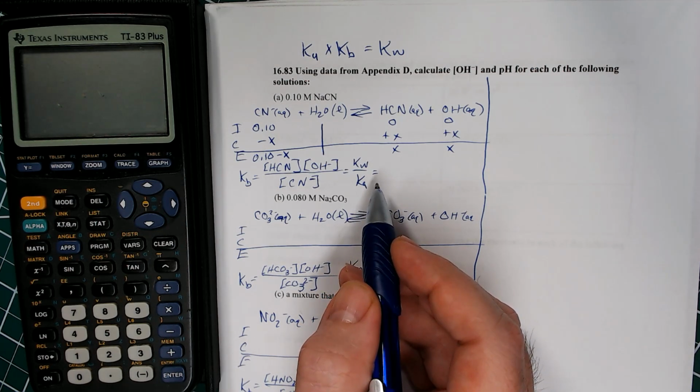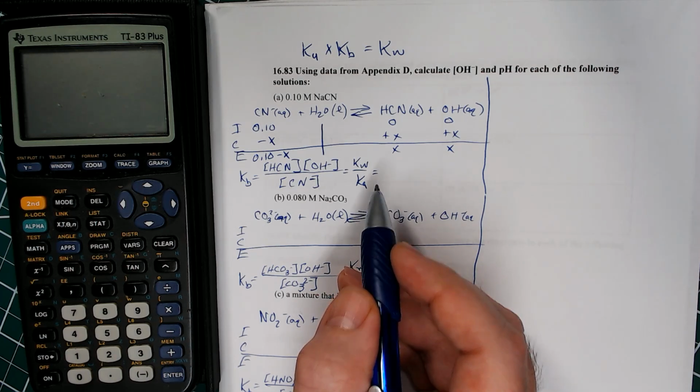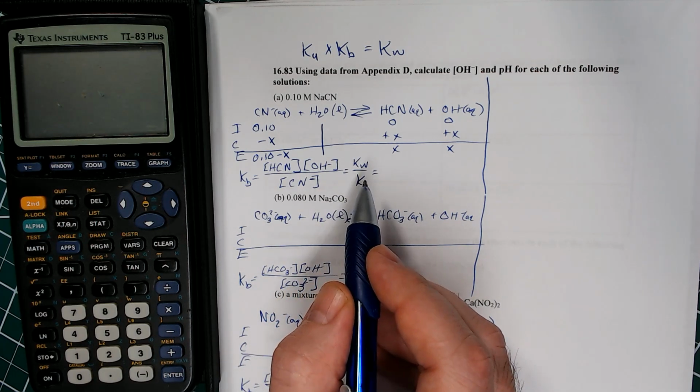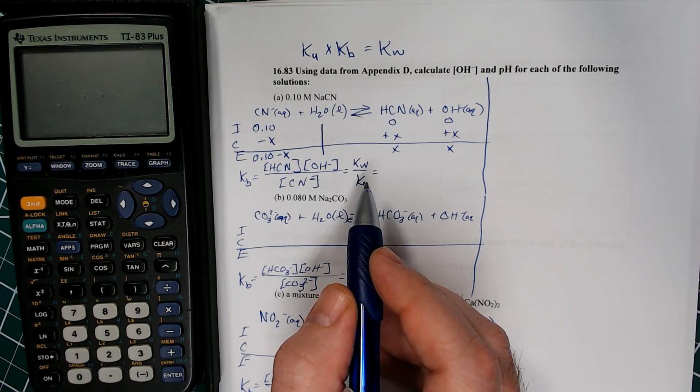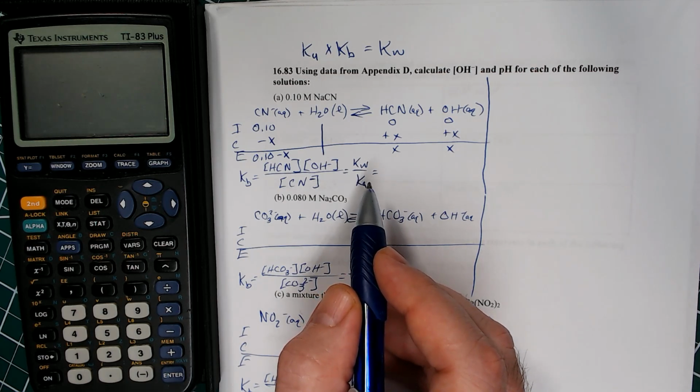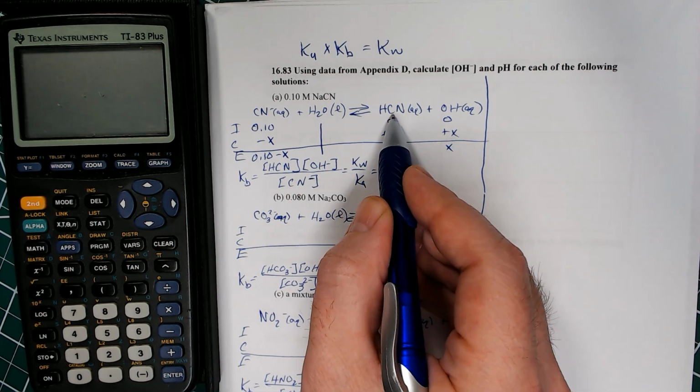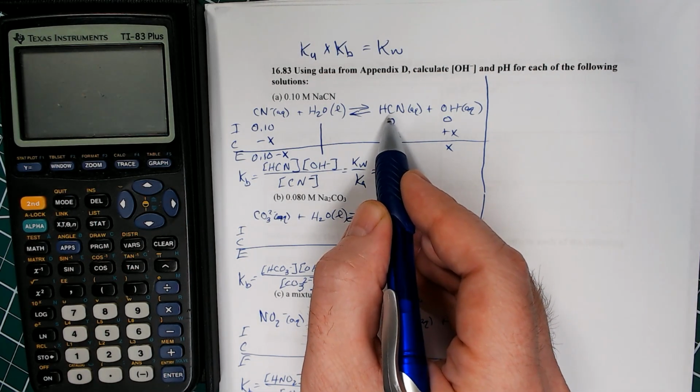So I'm going to go over and look at Appendix D1, which has the Ka's of weak acids, and we need to look up the Ka for HCN.